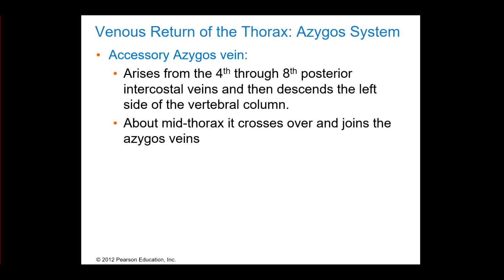Okay, so in this lesson, we took a look at the blood supply to the brain, especially the branches of the internal carotid artery, the branches of the vertebral artery, and then the formation of the circle of Willis. Then we took a look at the thorax, the blood vessels of the thoracic aorta.